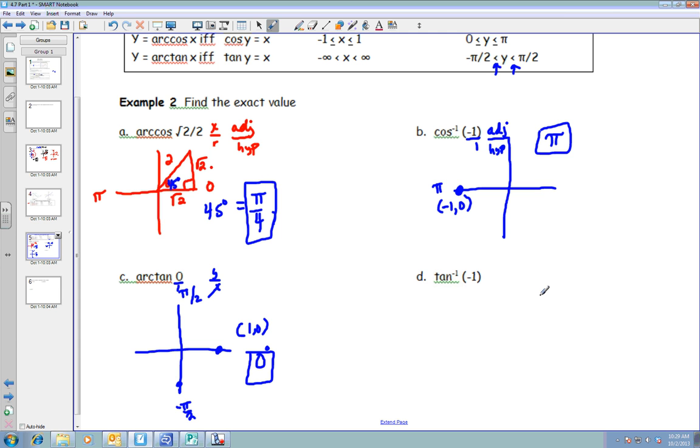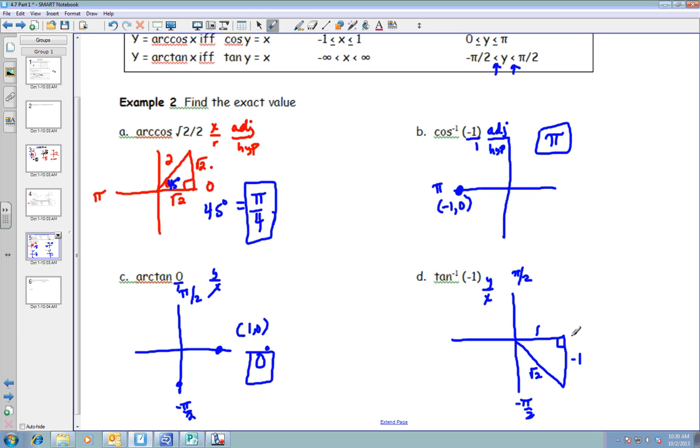Okay, let's do this one. Okay, tangent -1, remember it has to be either in the fourth quadrant or the first quadrant. Everything's positive in the first, so it has to be over here in this fourth quadrant. Tangent is y over x. So that means my y value is -1, my x value is 1. When I use Pythagorean Theorem, that's going to be square root of 2.